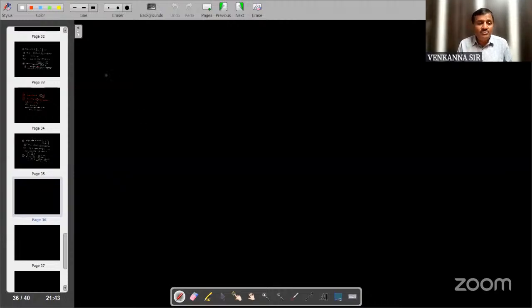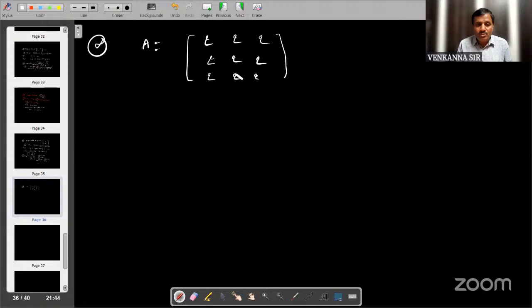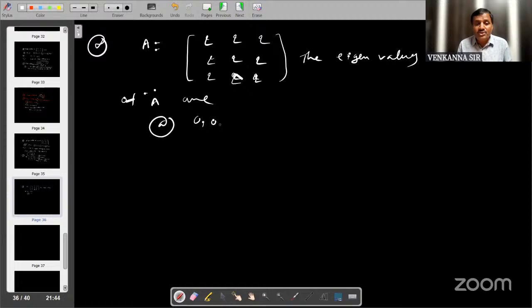Eigenvalues of the matrix A, which is given as all 2s. The eigenvalues of A are: can anybody guess? Yes, tell me what the eigenvalues of A are. Option A is 0, 0, 0.